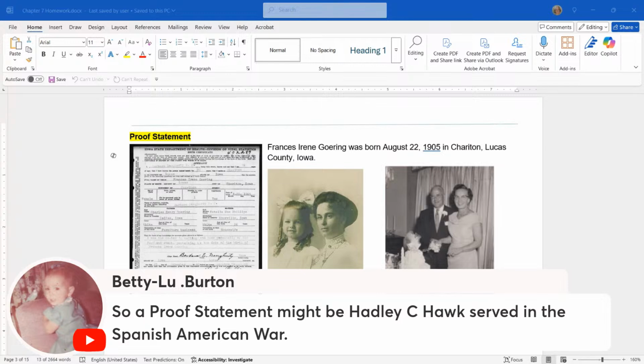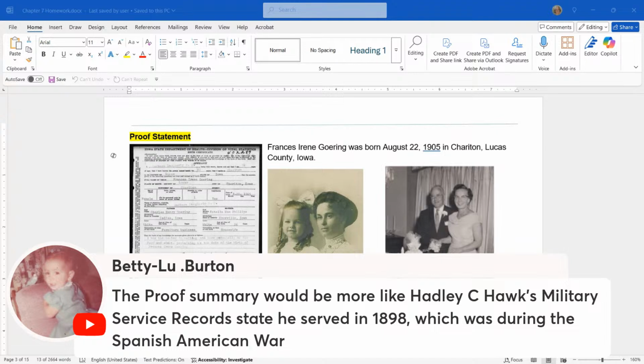And let's see what else is coming in. Proof summary might be more like his military service records indicate he served in 1898, which was during the Spanish-American War. That could be tricky for this reason.